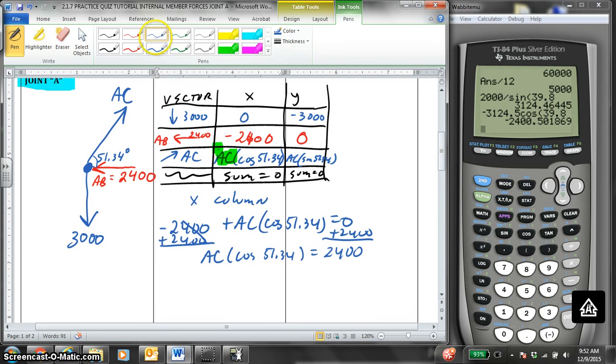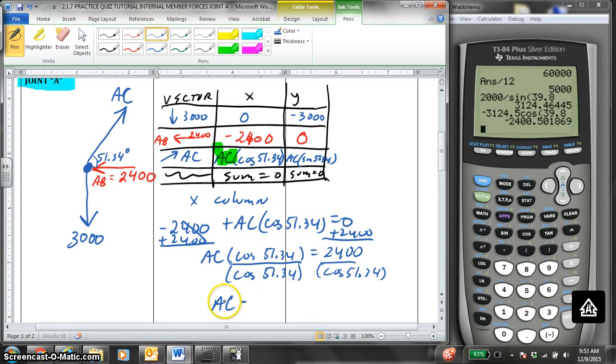Now, to solve for AC, this is multiplication here. You divide both sides by cosine 51.34. It's to your advantage if you have a TI-84 or TI-83 calculator in this class. Cosine 51.34 divided by cosine 51.34 equals 1.